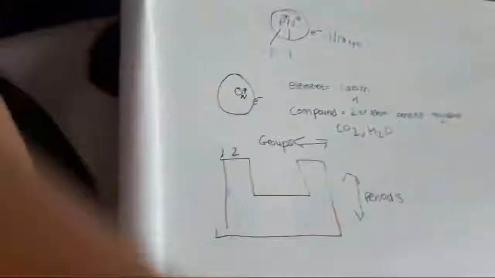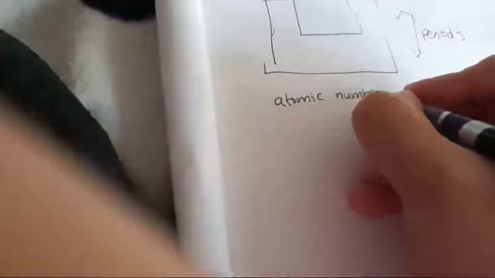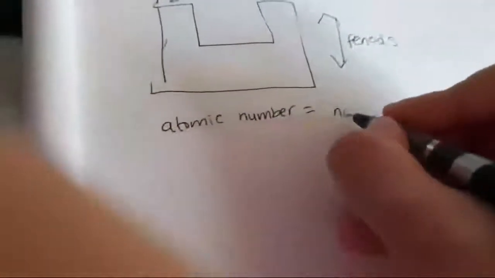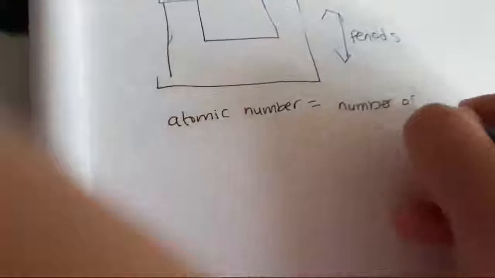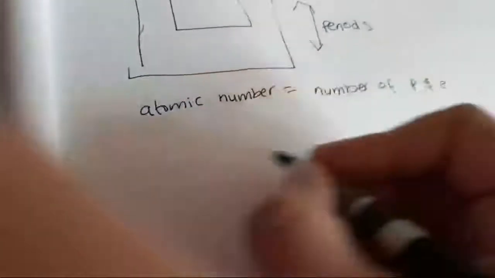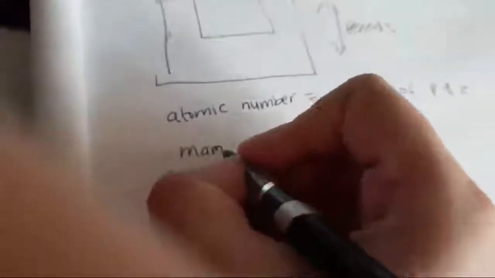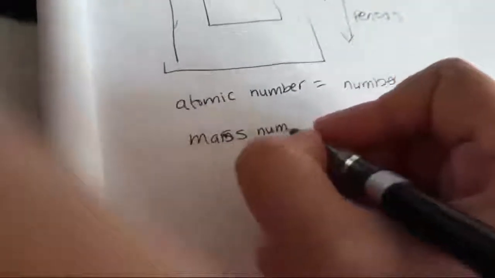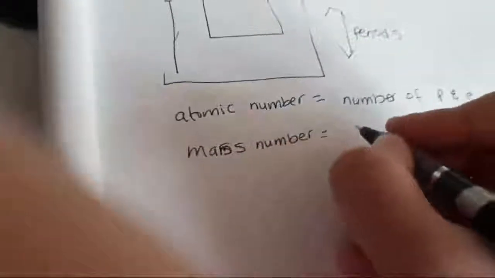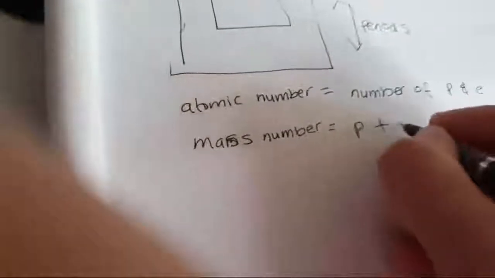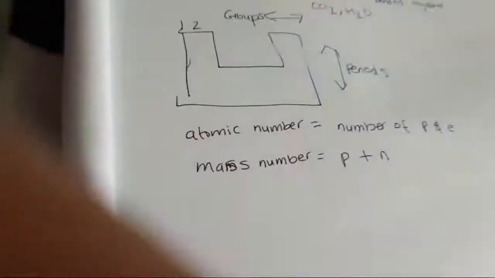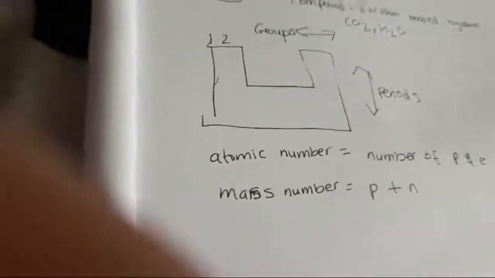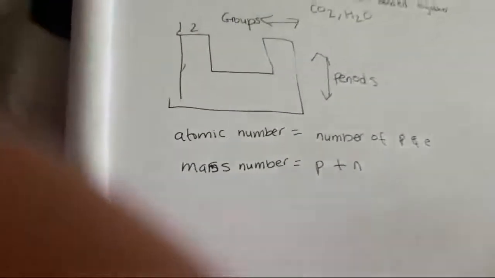Now, also in the periodic table is atomic number, which is number of protons and electrons. And then mass number is number of protons plus neutrons. Okay, so these definitions you would need to learn by heart. So nothing is hard yet. This is basically all memory work.